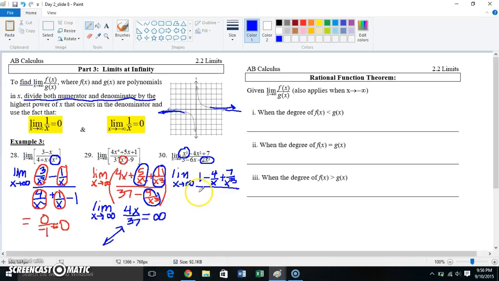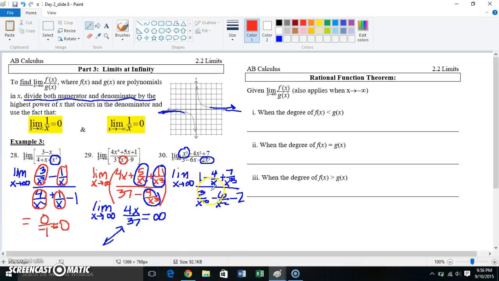That's the numerator. 3 divided by x cubed in the denominator minus 6 over x squared. Minus 2.